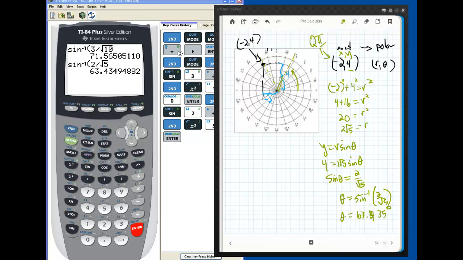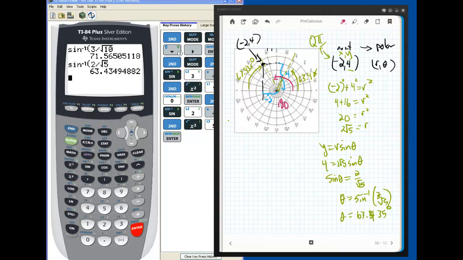So this angle right here is 63.435 degrees, which implies that this angle right here is 63.435 degrees, right? Which tells me, oh wow, I'm using all my colors on the palette today, that this angle right there is going to be what?